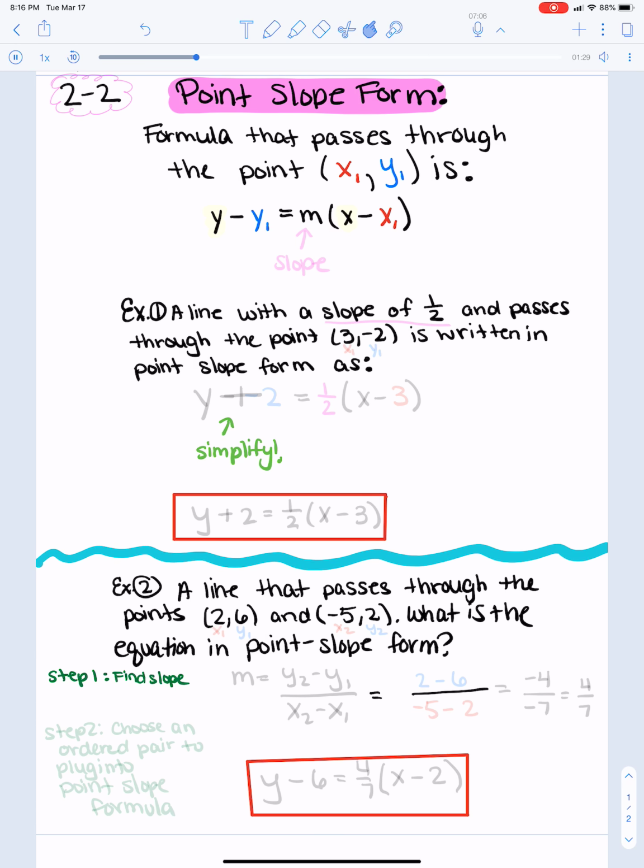All right, so I'm going to highlight this y on the left, and this first x in my parentheses. Now, those are the two that we don't touch. Remember, when we first wrote notes, I made you guys write do not touch. They're going to stay there in our formula. It's the x1 that's red and the y1 that's blue that we will substitute for whatever point our problem gives us. And we don't want to forget, m is always going to stand for slope when we're talking about lines.